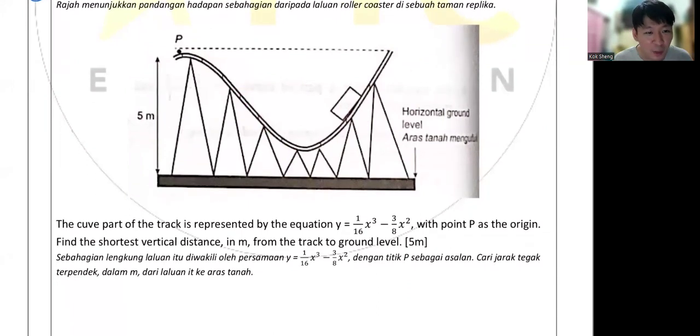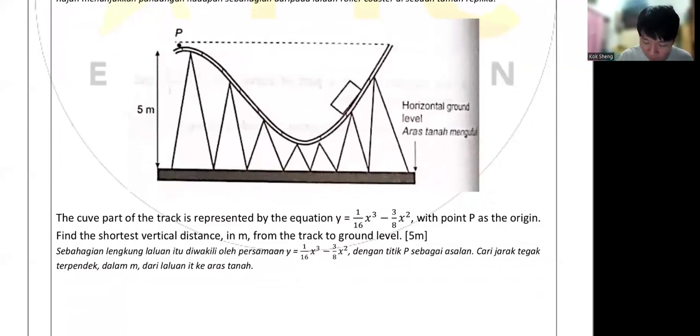So bottom here, the curved part of the track is represented by this equation with point P as the origin. The curved part is over here, right?